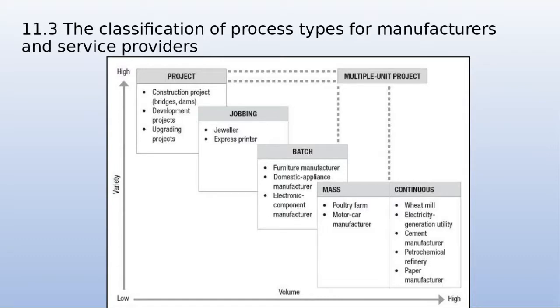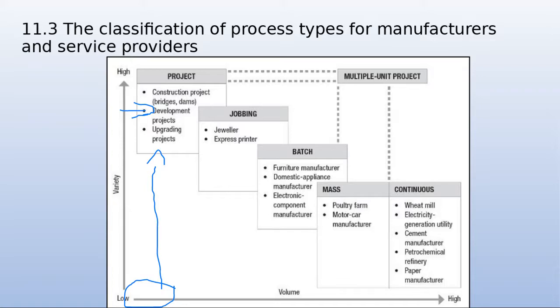Once those houses are finished, they will move on to the next house. So the volume is very low. We're not building 10 houses a day, but the variety is very high because every single house differs. Not every house looks exactly the same.